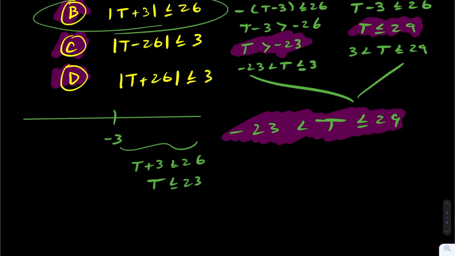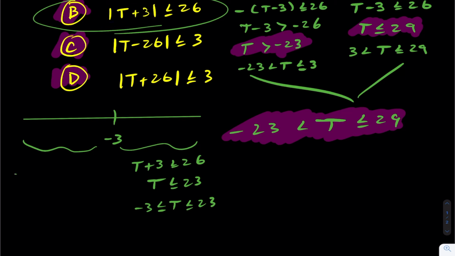Because I'm choosing values of t that are greater than negative 3, my solution is negative 3 is less than or equal to t is less than or equal to 23. Again, I can choose to put the equal sign on the minus 3, or I can put it on the other side. It doesn't matter. Now if I go to the left of this value, you pick numbers less than minus 3, and you sub that into this value, you'll find it's negative.